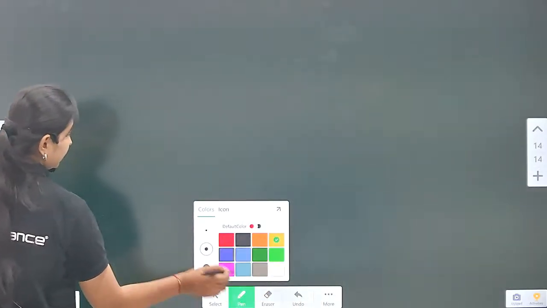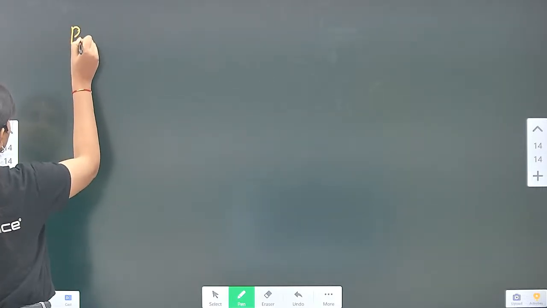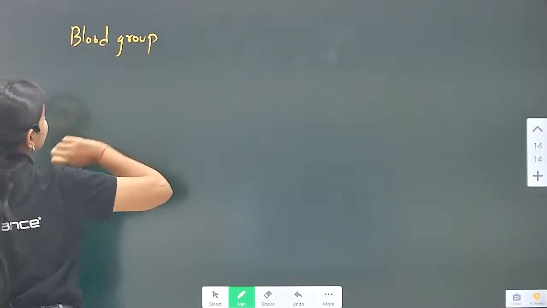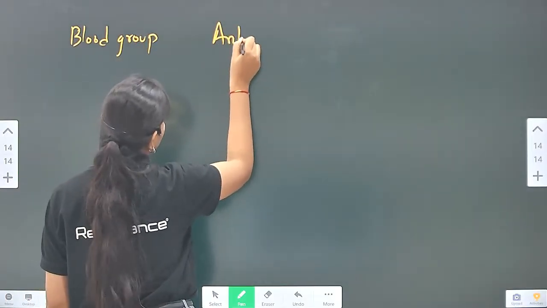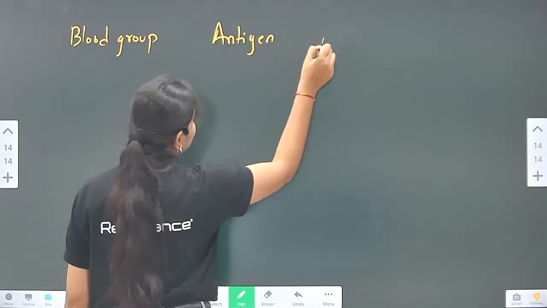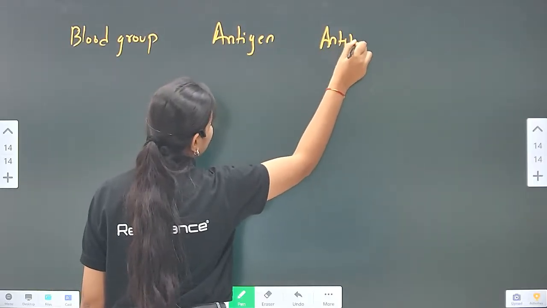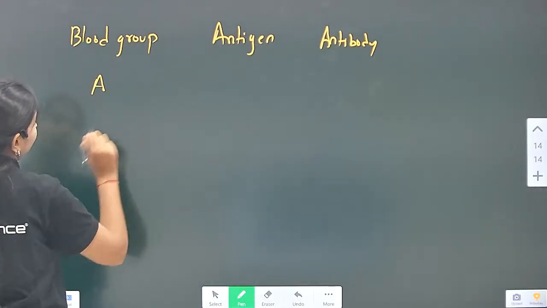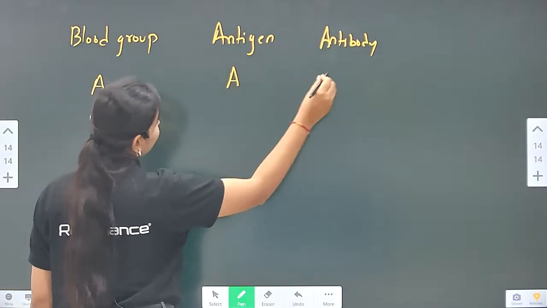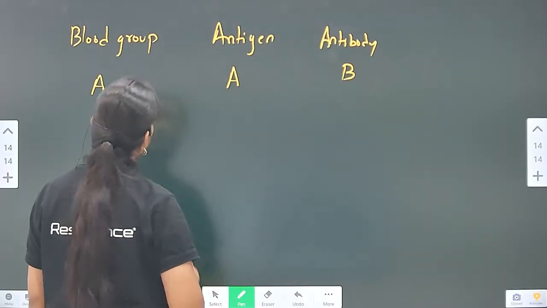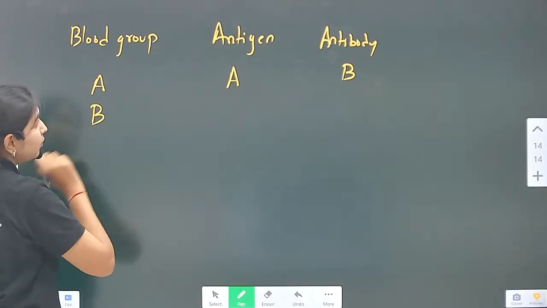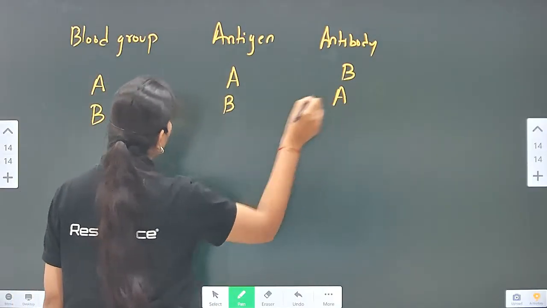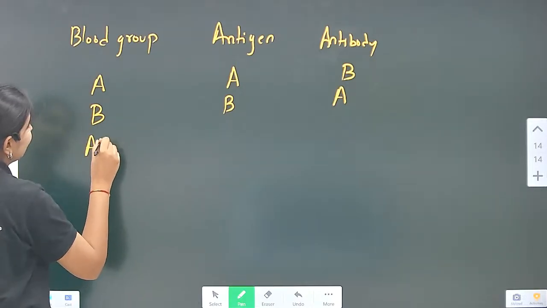So here we have the blood group, next the antigen and the antibody. Here in blood group A, what antigen is present? A antigen. What antibody is present? Antibody B. Blood group B, what antigen is present? The antigen B, and the antibody A. What antigens are present in the AB blood group?